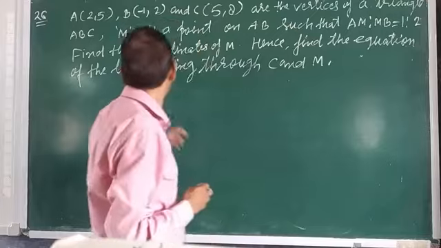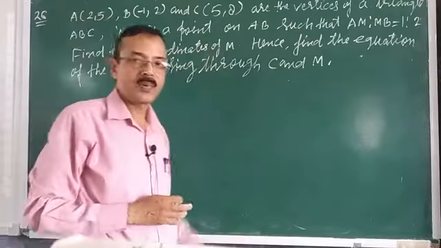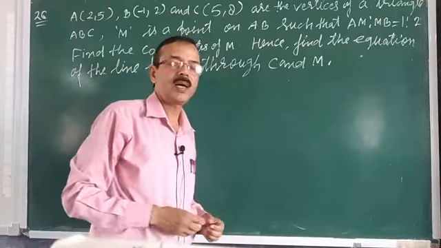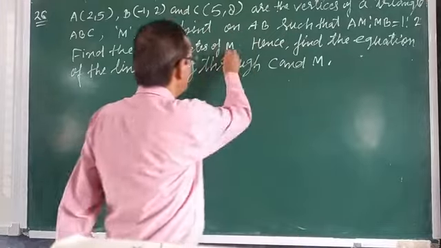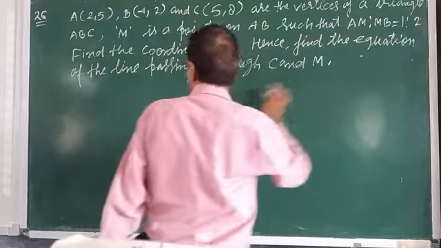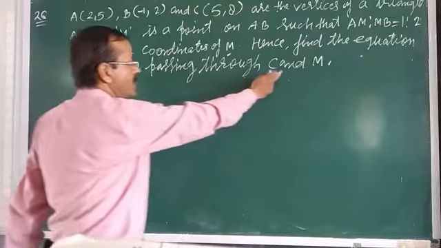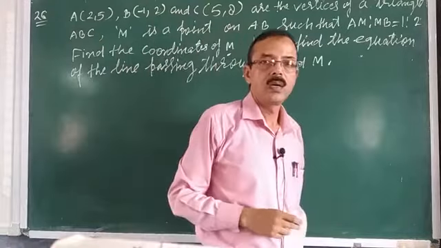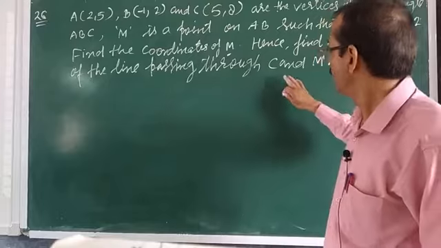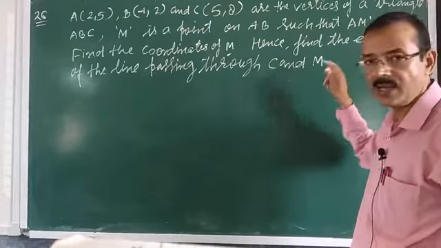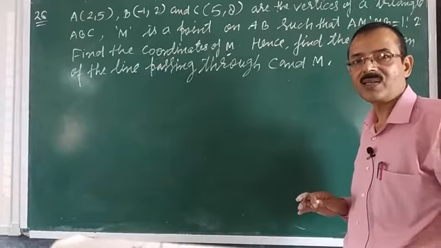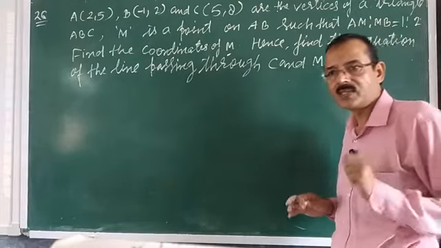So the first question is asking to find the coordinates of M. First we have to find M, by which formula? Section formula. Then hence find the equation of the line passing through C and M. After getting M, then we have to find the equation of the straight line which passes through C and M. There are two parts in this question. So let's see how you will do it.